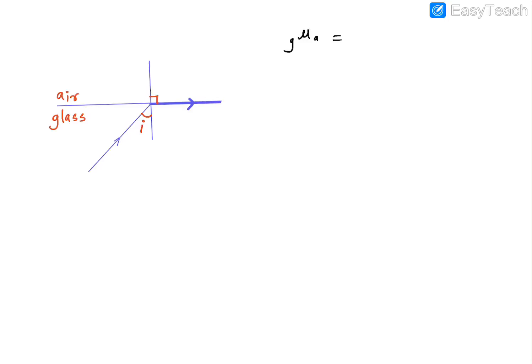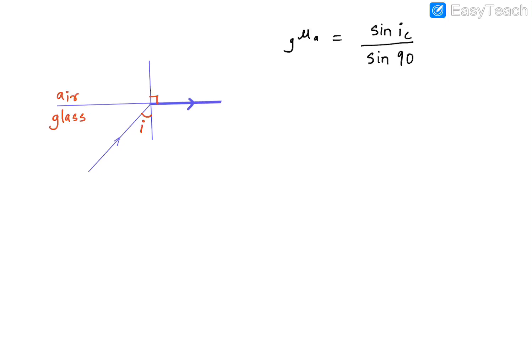So it will become the sine of the critical angle divided by the sine of 90 degrees, because the angle of refraction is 90 degrees out here. This is when the light ray is going from glass to air.